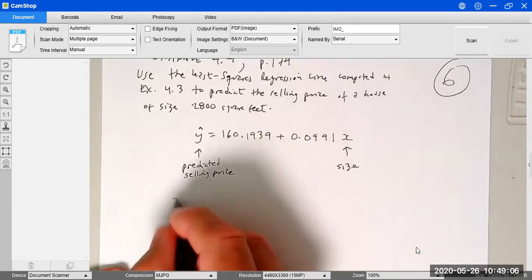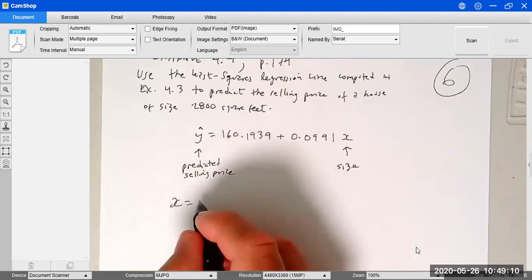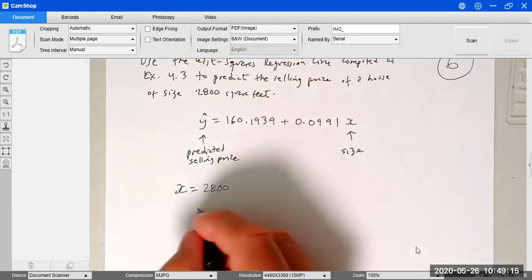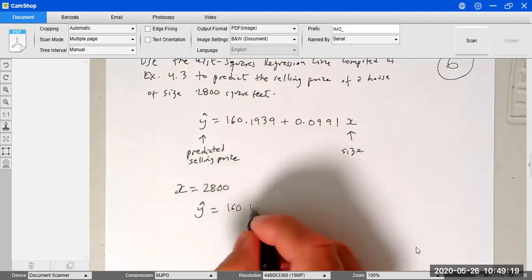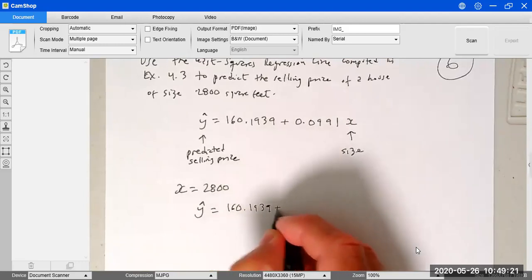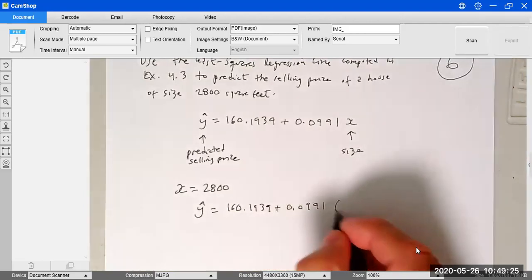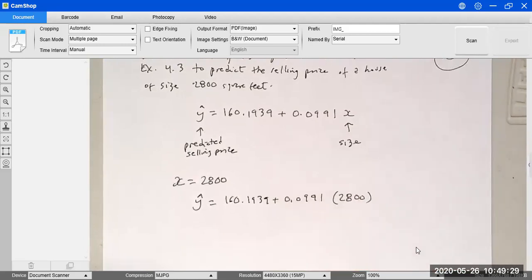Now they are giving you a value of x equals 2800 square feet. So y hat is just 160.1939 plus 0.0991 times 2800. So we're going to use R to compute this value.